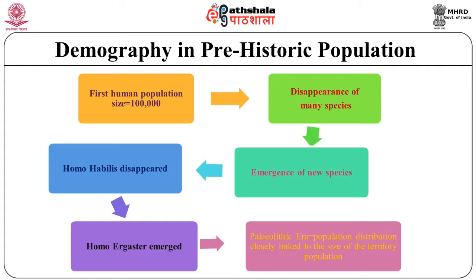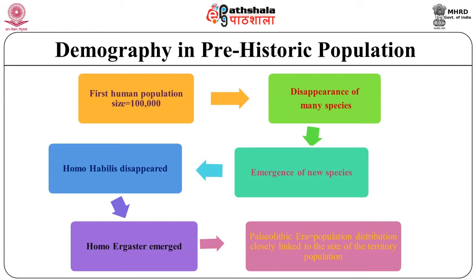Homo habilis disappeared as Homo ergaster emerged, spreading throughout Africa and thence across Europe and Asia in a form close to Homo erectus.